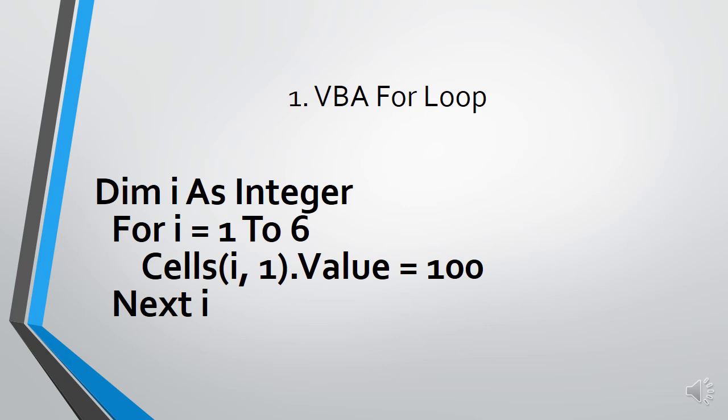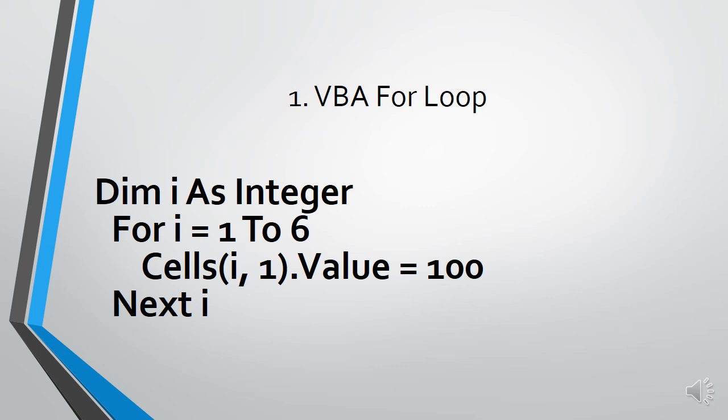Programmatically, let us do this example where we want to populate the first 6 rows of column 1, A1, by a value of 100. That is the code there where we are saying for I equals 1 to 6, Cells(I, 1).Value is equal to 100.